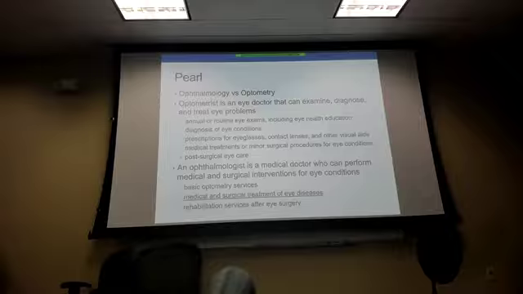The unfortunate part, in some ways, is that in optometry school, they don't get much training, if any, on children. Ophthalmology does. So, very tricky to decide when am I sending this kid to optometry for a medical issue versus when am I sending this kid to the ophthalmologist for a surgical or a medical indication.